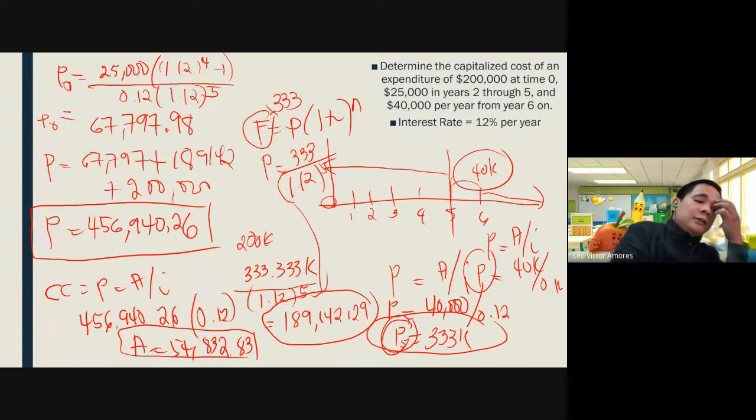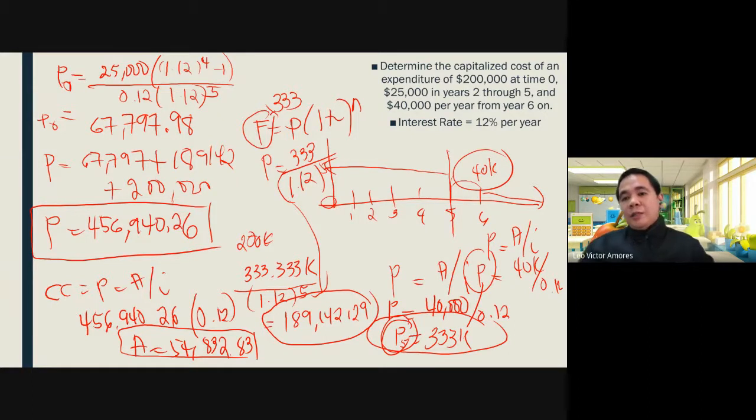In other terms, what does that mean? Every time a government project is being built, they look at how many years they will pay, say 30 years or 20 years, and that is the basis for the capitalized cost. What is the capitalized cost on a yearly basis?